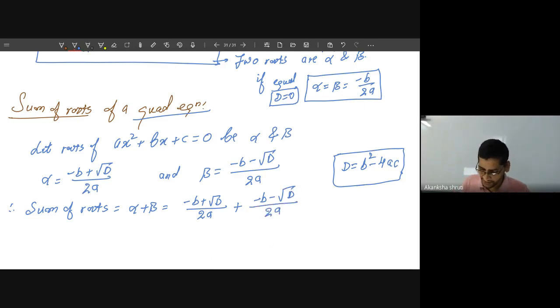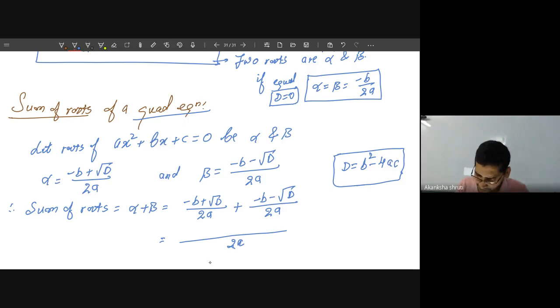You have to do the simple addition of two fractions. In the denominator it is 2a in both cases, so 2a can be written only once.